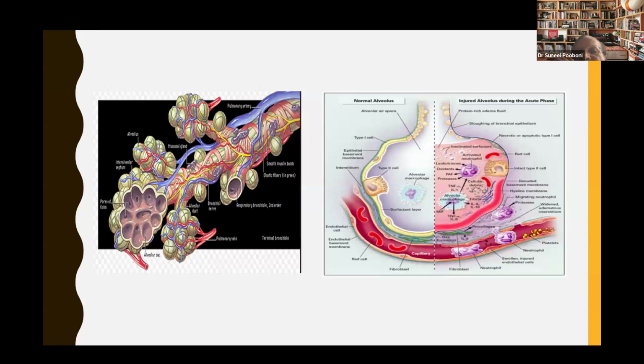Humans are blessed with a unique mechanism by the Almighty. As you can see here, the functioning air exchange unit or the gas exchange unit, the alveolus. This slide I took from ResearchGate. It shows beautifully the structure of a healthy alveolus on the right side and a diseased alveolus on the left side of the slide here.